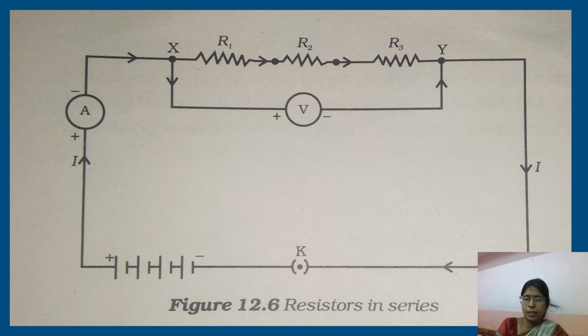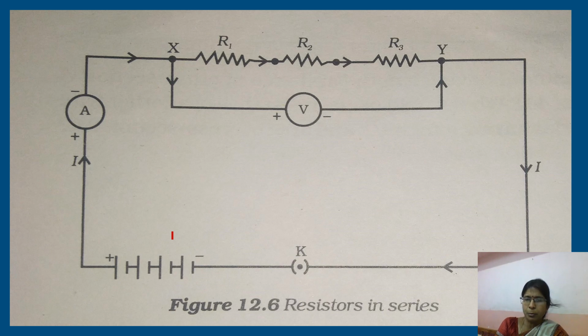So symbolically, this is represented in this way, the schematic diagram of three resistors when they are connected in series. So here the three resistors R1, R2 and R3 are connected in between the points X and Y here.